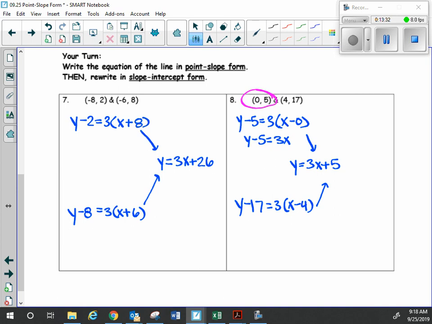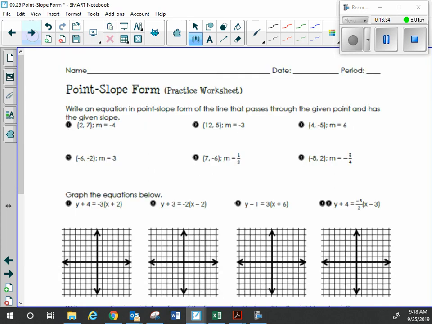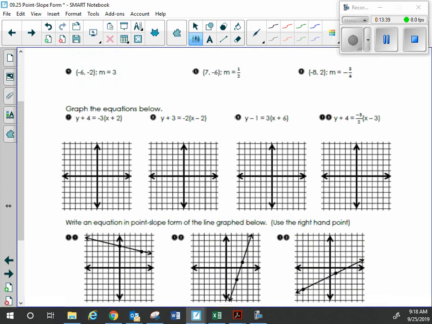Okay, so let's quickly discuss. I want to talk about the graphs on this page because we haven't discussed how to graph from point-slope form. But looking at this problem here, when you're talking about point-slope form, what is given to you? Slope and a point. You do not have to turn it into slope-intercept form. It's not necessary.